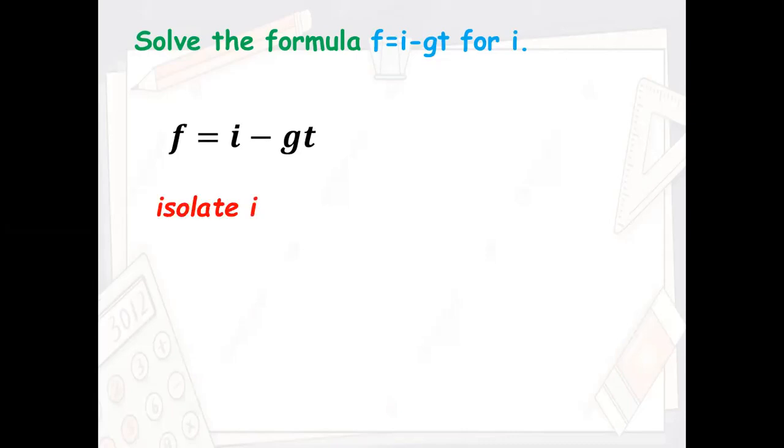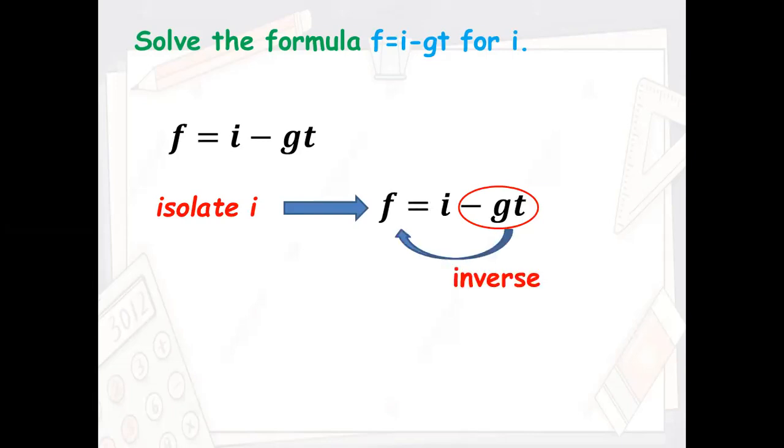Because we have to move them together, we are not going to separate them as g multiplied by t. Let them be g multiplied t, it's okay, but we are going to move them together. Because we are moving them together, the negative sign will change to the inverse. The inverse of minus is plus. So finally you get the answer as F plus gt equals I, or I equals F plus gt.